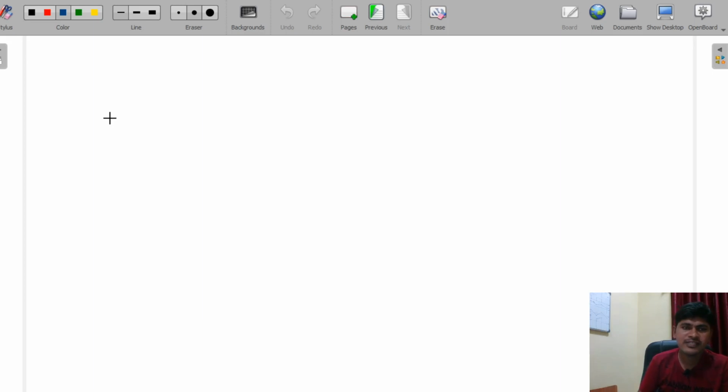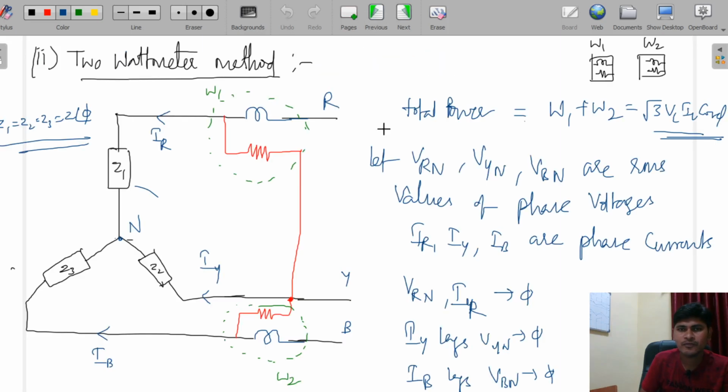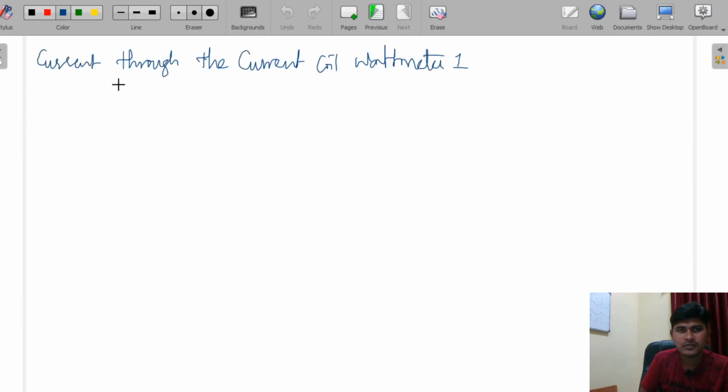Now let us draw the phasor diagram. Anyhow, we know what the current through the current coil of wattmeter 1 is.